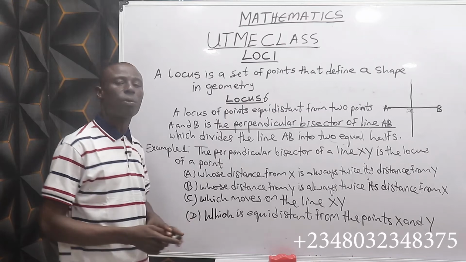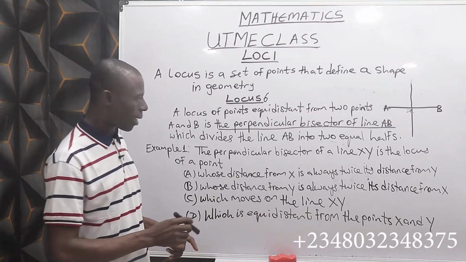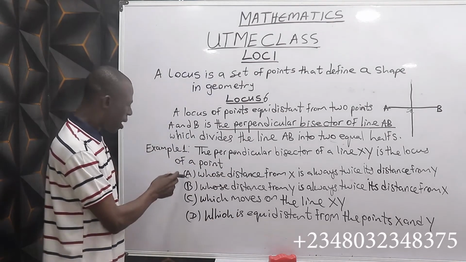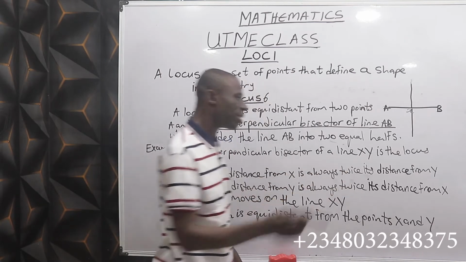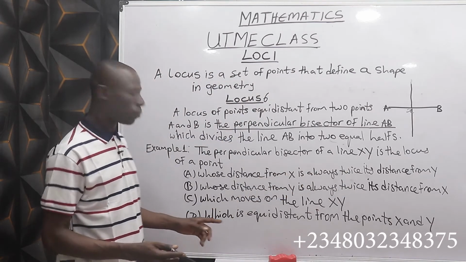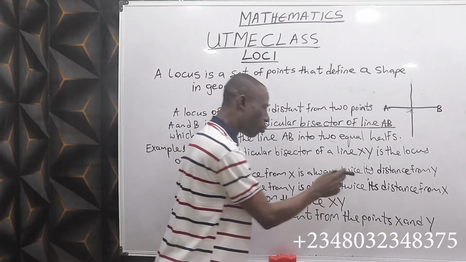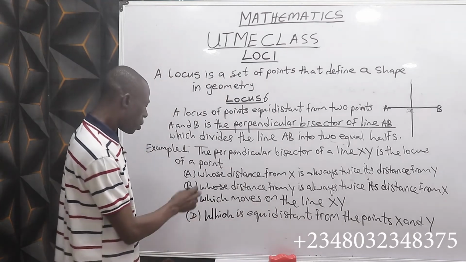Let's consider example 1. The perpendicular bisector of a line XY is the locus of a point A whose distance from X is always twice its distance from Y. That's not true. Whose distance from Y is always twice its distance from X. That's not correct.